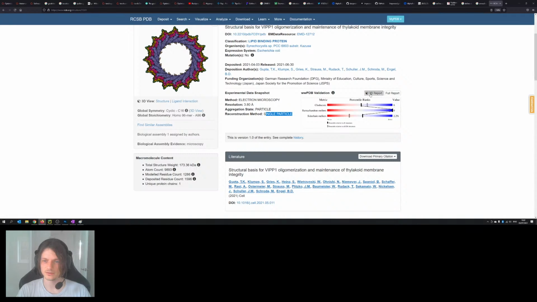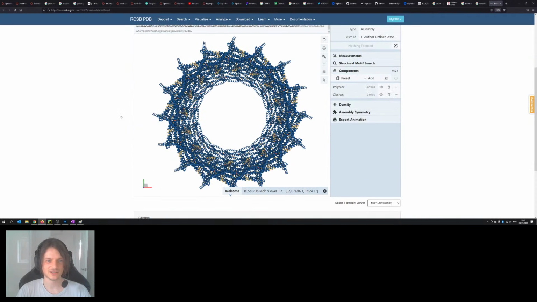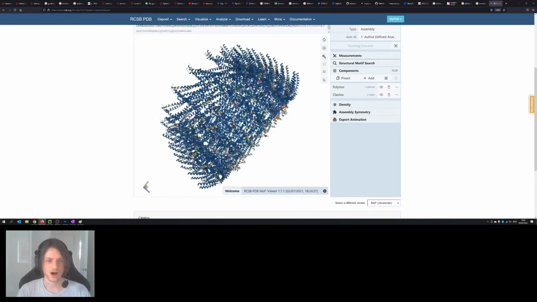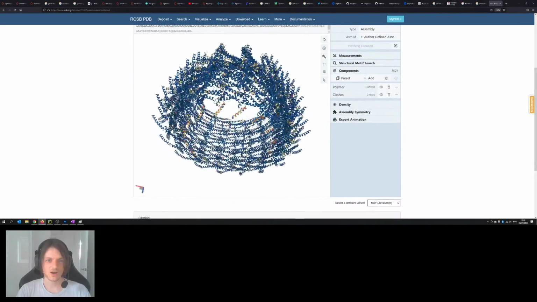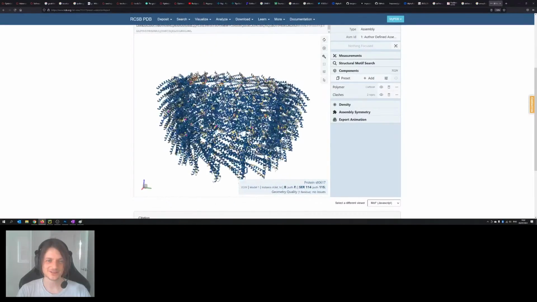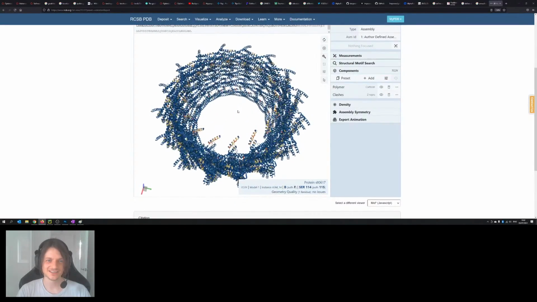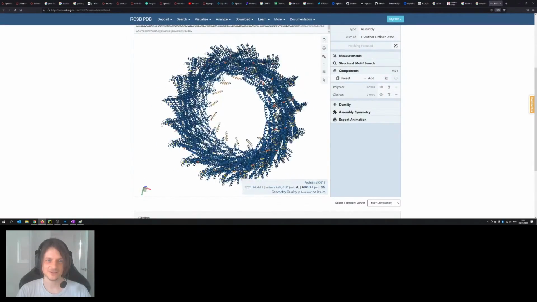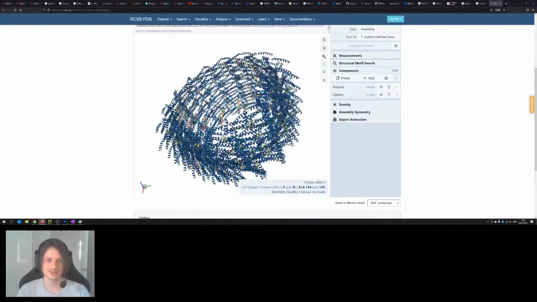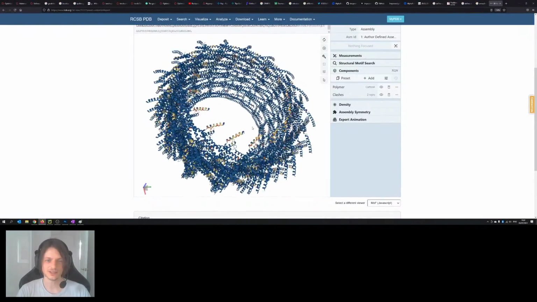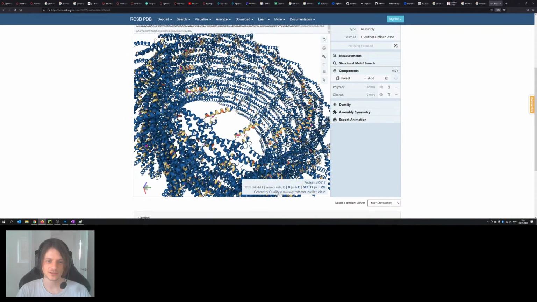Value. 3D report. Ooh, I like 3D. Oh, no way. Oh my god, that's beautiful. Oh my god, that is so beautiful. Wow, look at this. Oh, and you can click on the bits.